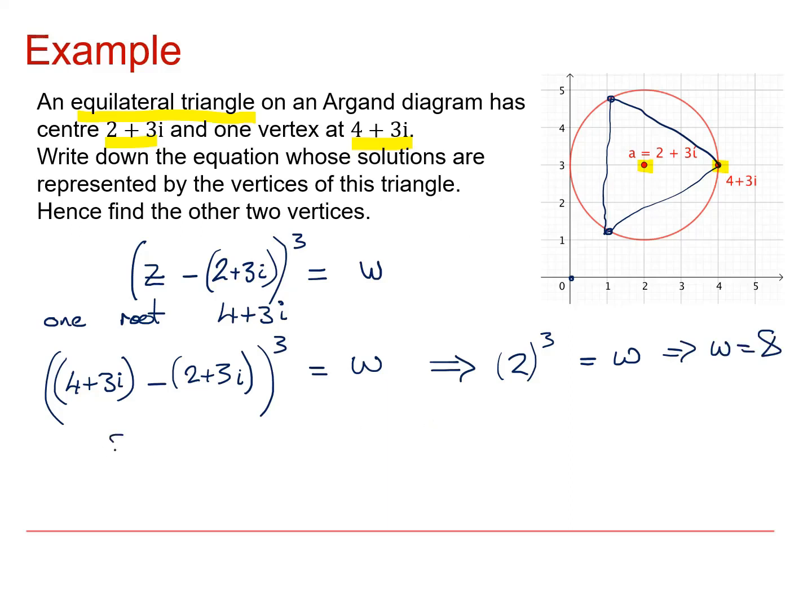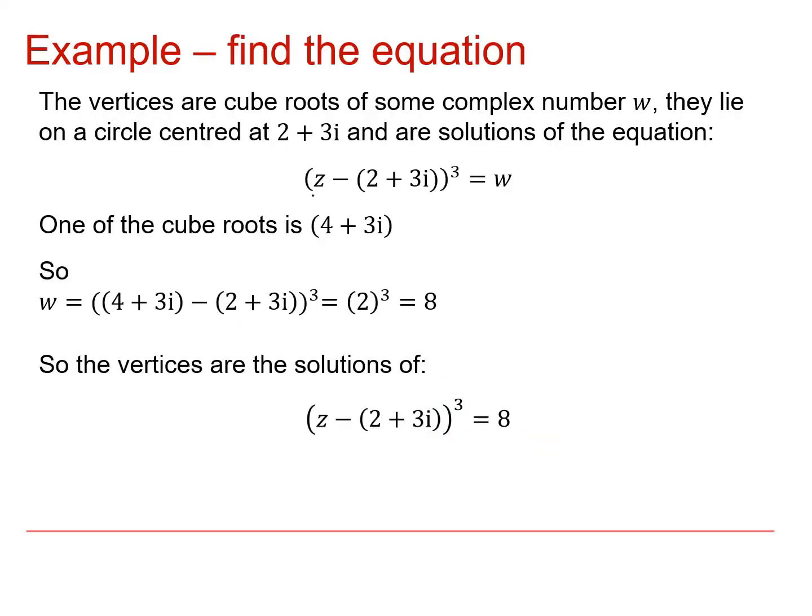And so the equation I require is (z minus (2 plus 3i)) all cubed is equal to 8. So there's my original statement that it's going to be an equation in that form.